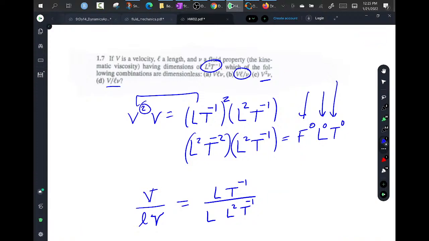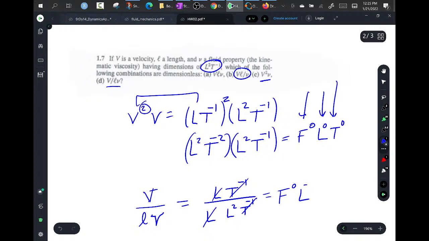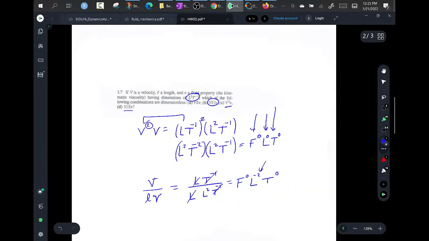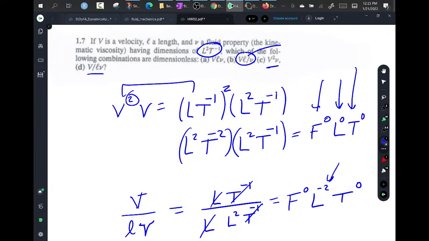Well, it's good for that. It's not good for that. So it has force, no units there. It has length, -2, and it has time, 0. Boom. Not a 0. So the answer to this one is that, yes, this is the Reynolds number, and it is the only one that is non-dimensional there.